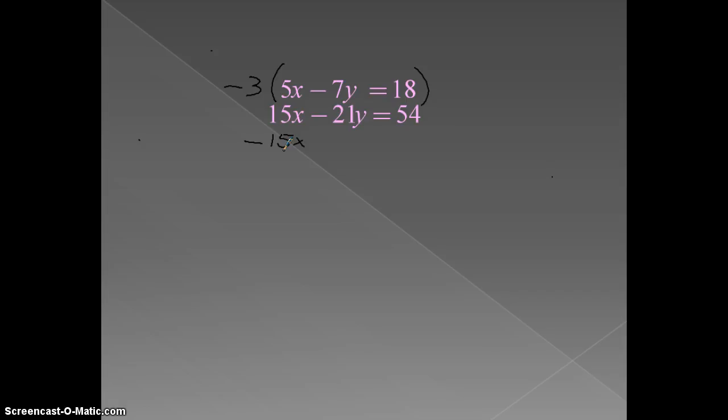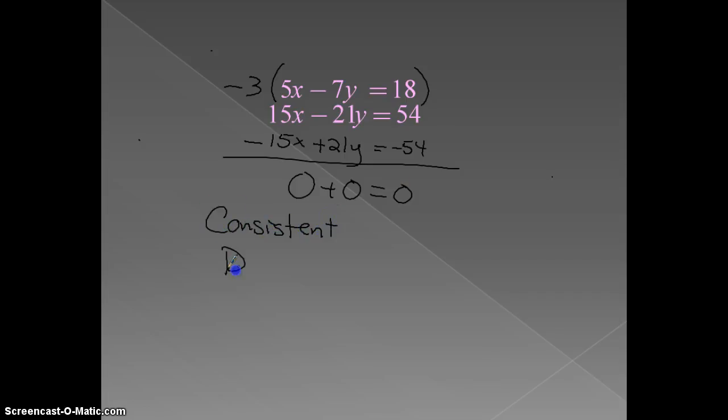Negative 3 times negative 7 gives me positive 21y is equal to negative 3 times 18 gives me negative 54. You'll notice that, hey, all of these terms are going to cancel out. 0 plus 0 equals 0. Infinitely many solutions. So we say that it's consistent because it has solutions, but it's dependent.